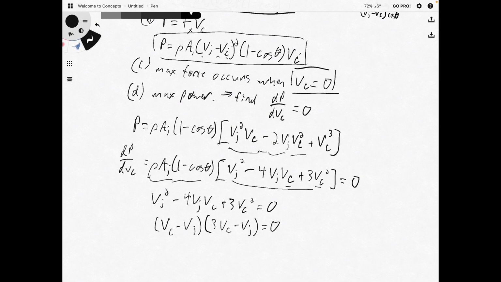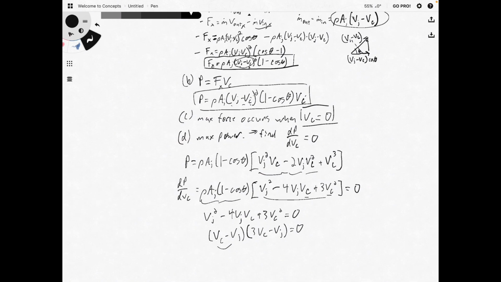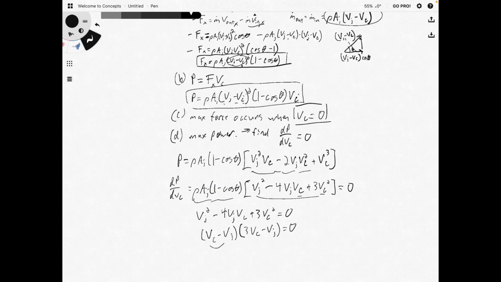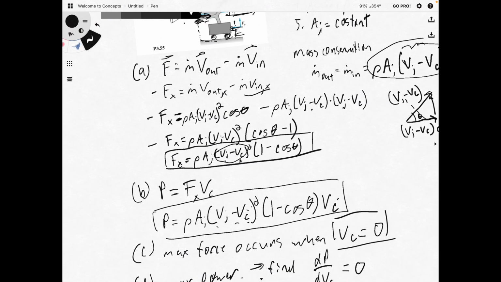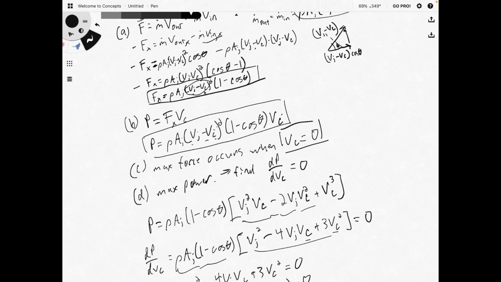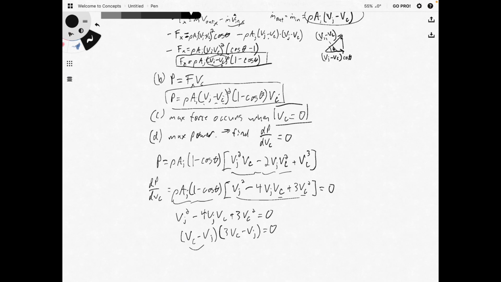The first is where Vc is equal to Vj, but that is actually going to result, right? So if we look at our problem here, if Vc is equal to Vj, or if the velocity of the cart is equal to the velocity of the jet, then we're going to have 0 force applied. And so this first one here, rotating this around, this is going to be a local minima. So that means this is the root that we're not looking for.